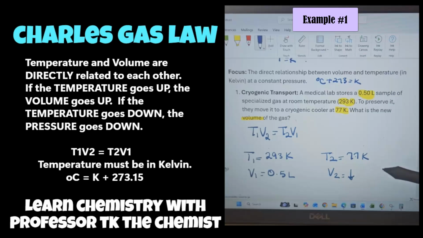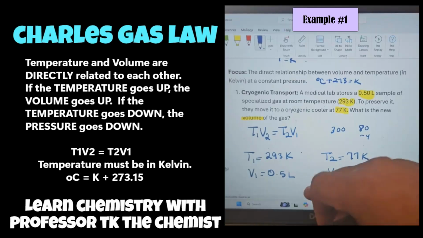Okay, let's Mickey Mouse this and reverse it, right? Meaning, if you see that this is 77, right? And this is almost 300. Or better yet, let's work with this number. If I say 300 versus, let's round off to 80, right? By what factor can we say that this increased by? 80 to 100. This is almost roughly 4 times the amount, right? So if this dropped by approximately a fourth, then guess what?